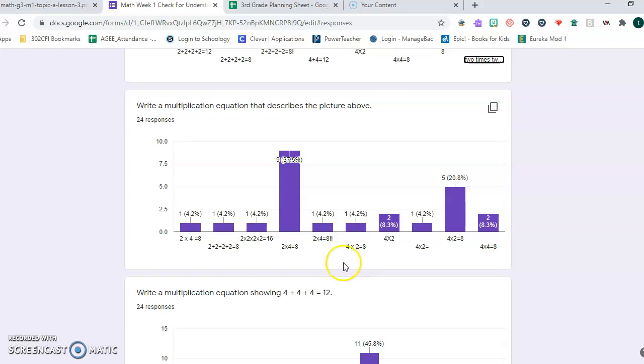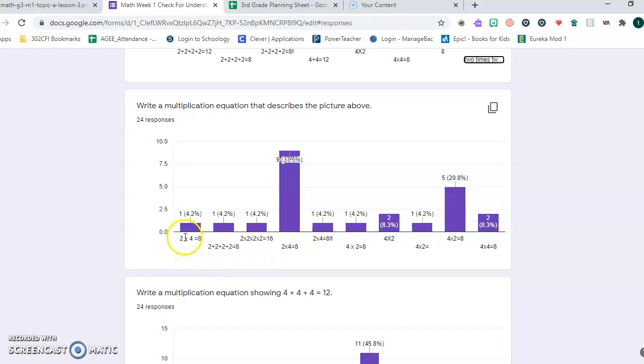So 4 times 2 equals 8 would describe it, and 2 times 4 equals 8 would describe it. So 2 times 2 times 2 times 2, this would be a repeated multiplying equation, incorrect. This is a repeated addition equation.